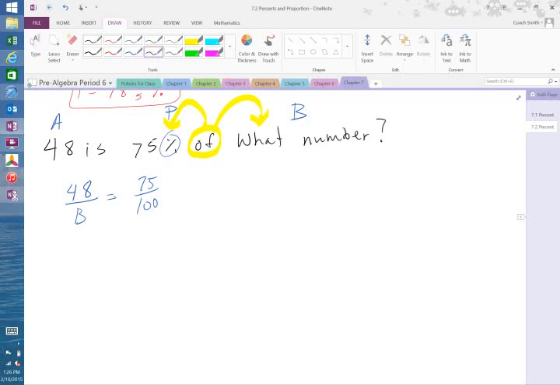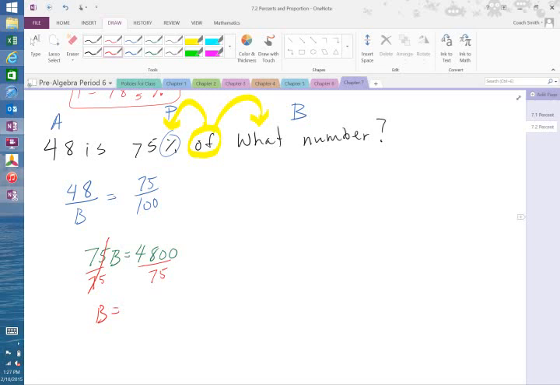So what's my new equation going to look like once I cross-multiply? Yes, 75B equals 4,800. Now what do I do to solve it? Divide by 75 on both sides. That cancels on the left, leaving me with B. 4,800 divided by 75. I don't know.